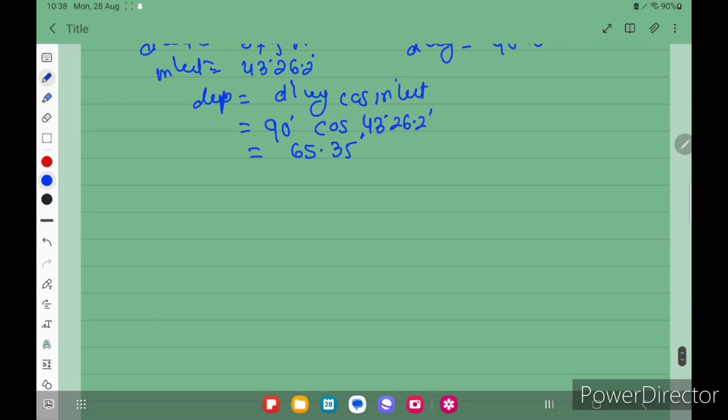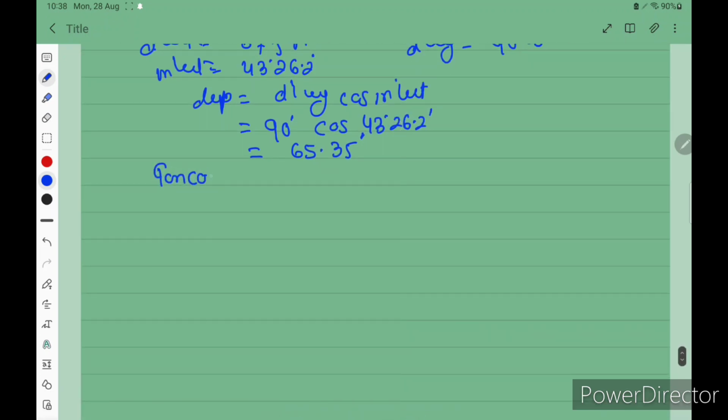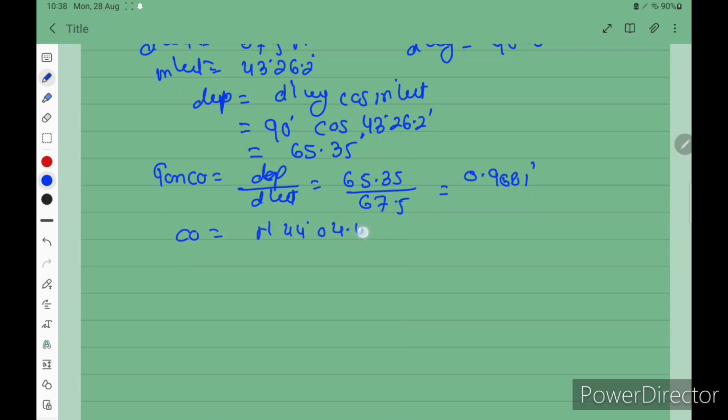Put the value in the tan course formula so that we can find out the CTS. So departure upon D lat, put the value 65.35 divided by 67.5, we get 0.9681. So tan inverse, and we get the course north 44 04.4 west.